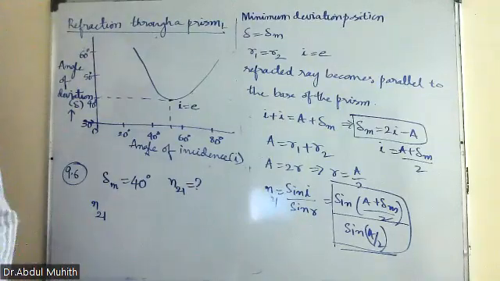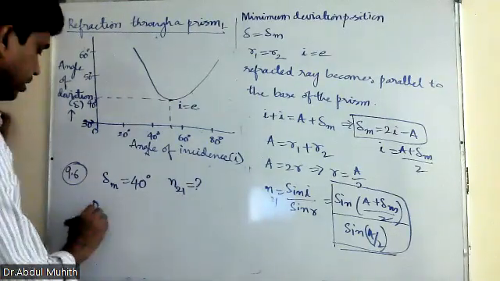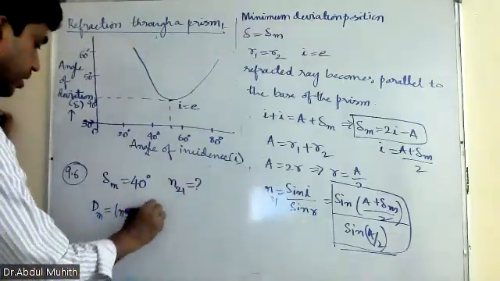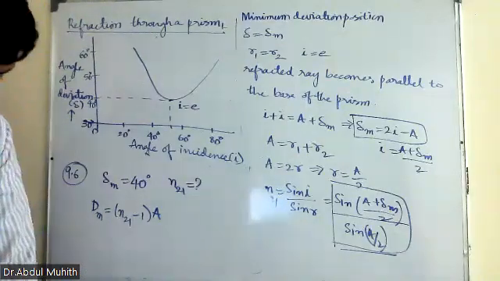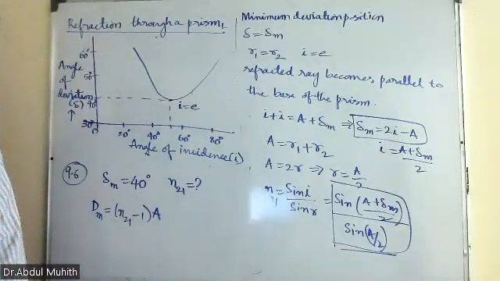We just did it, right? So delta m is equal to what? delta m equals (n21 minus 1) into A. Did he mention any equilateral prism? No. Sir, they've mentioned that A is 60 degrees.